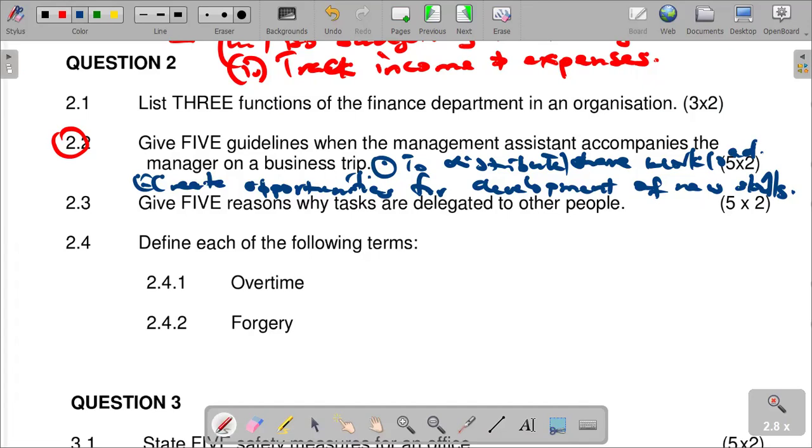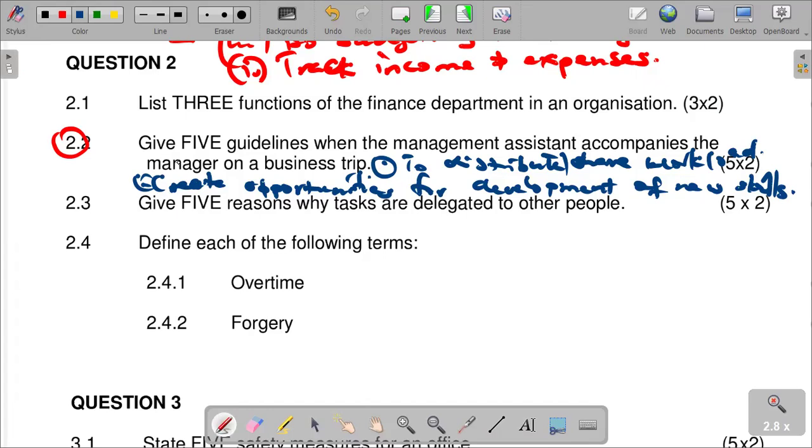Employees always need to develop, or people have a desire for achievement and growth. So a manager can create an opportunity for his subordinates to develop new skills. And then also, delegation can be done so that employees could be better qualified to execute the tasks.